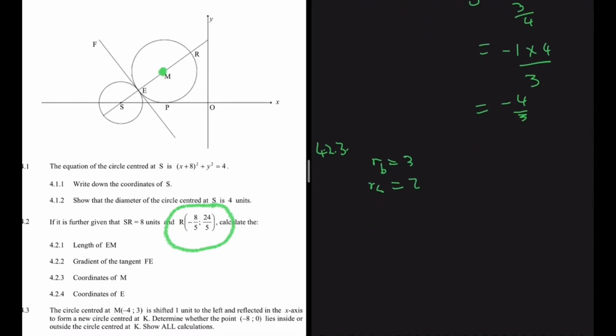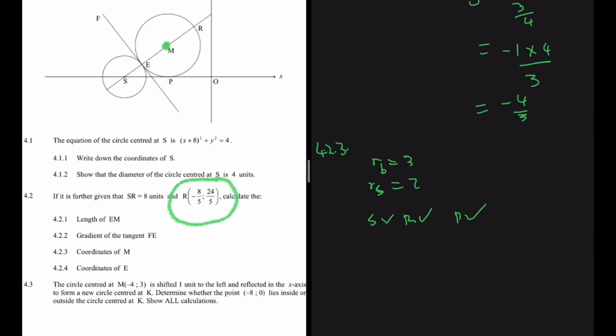And then we know the coordinates of S, and we know the coordinates of R. That's all we know, right? And we sort of know the x value, the y value of our coordinate P, right? So we have to find the coordinates of M using this information that we have. So how can we possibly do that?